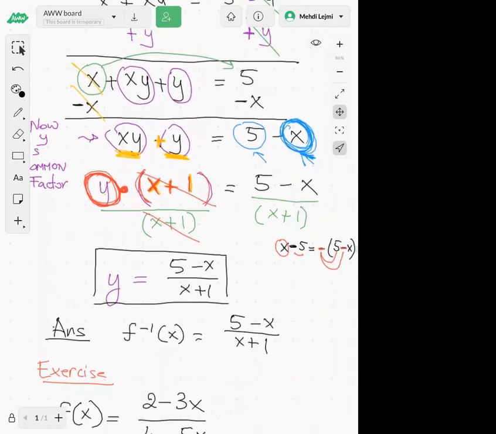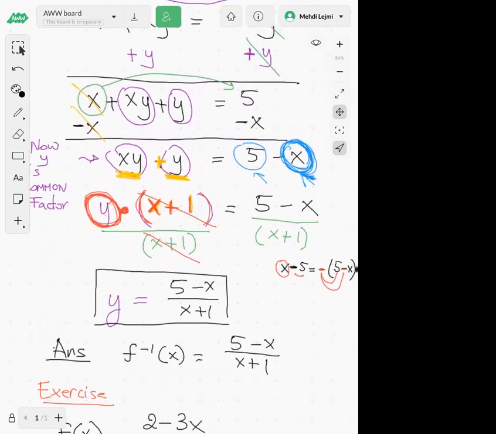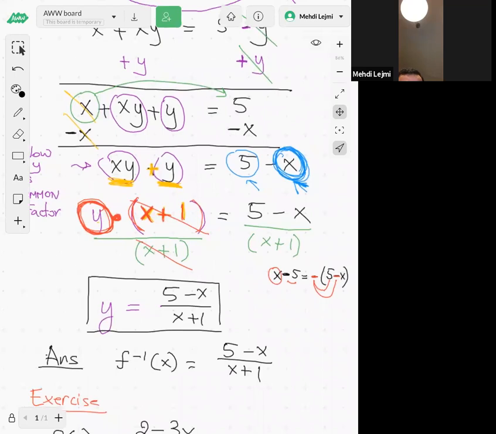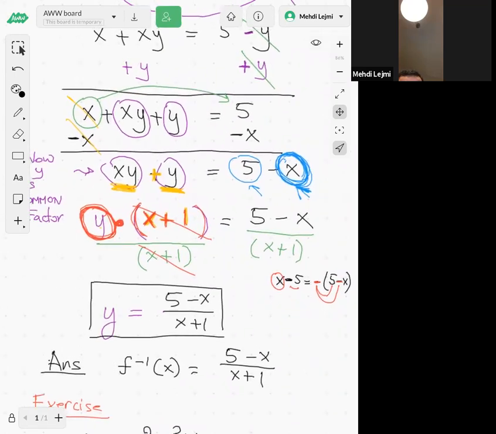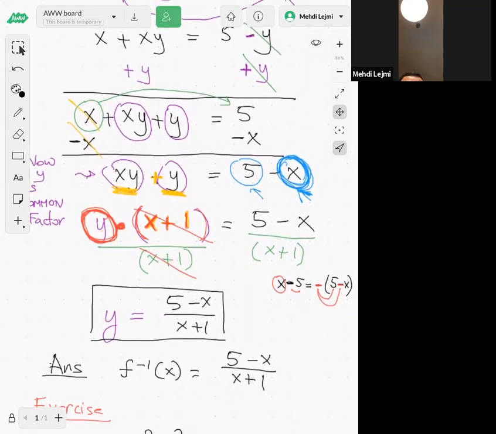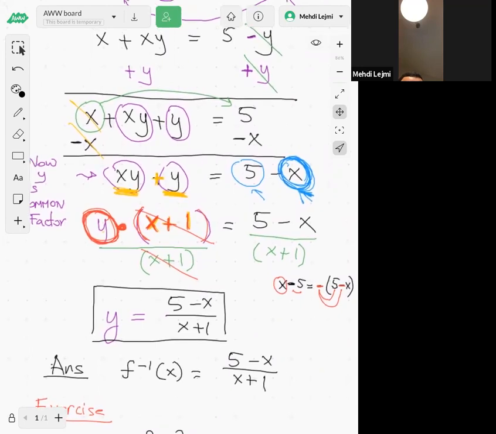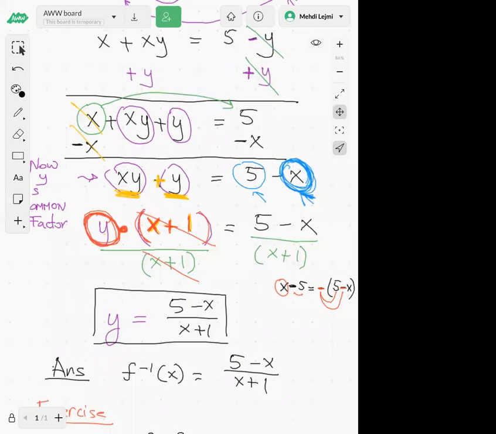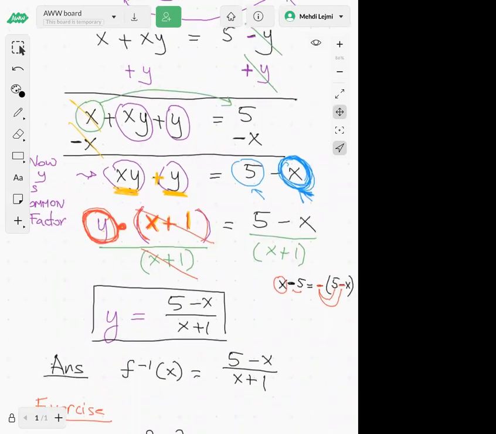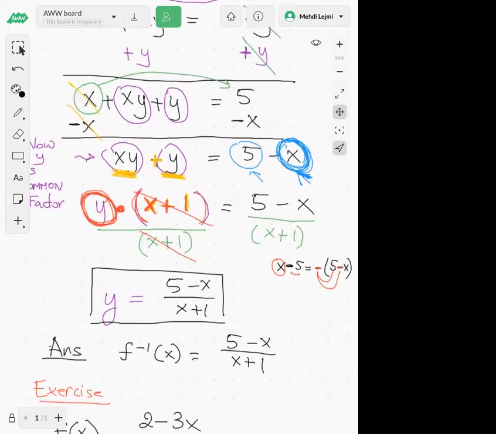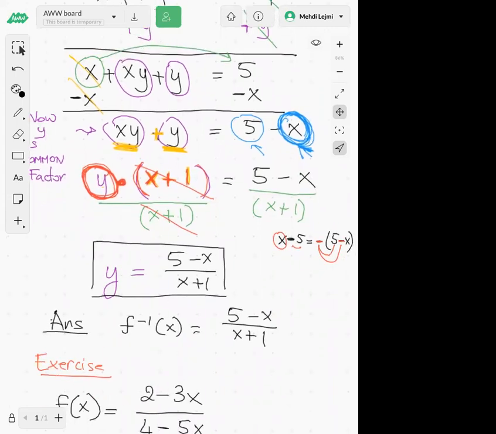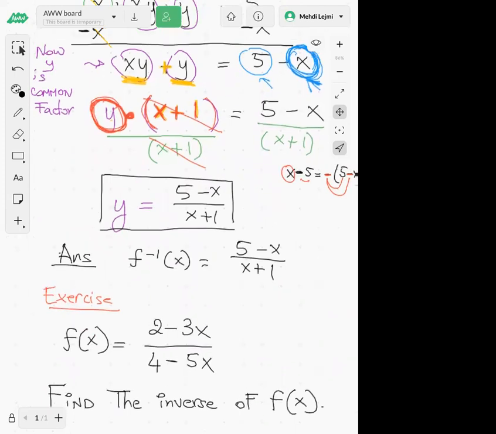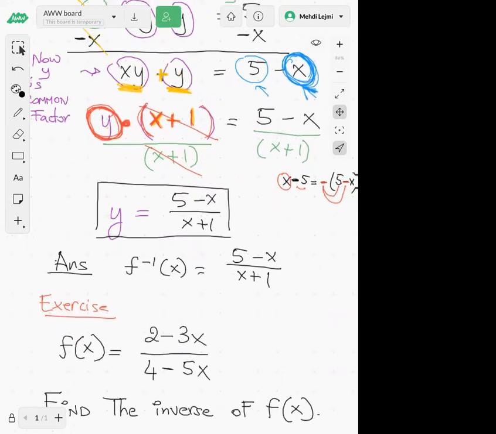I move 5xy to the other side. Did you get y as a common factor? Oh yeah, I have to move the 2.